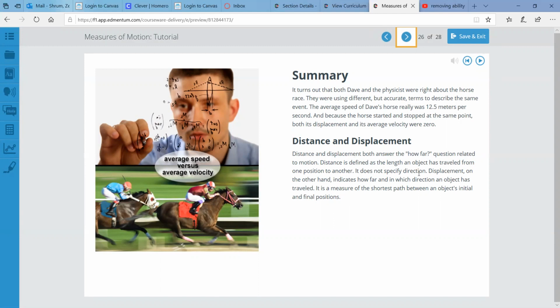Distance and displacement answer how far. Distance just tells you the magnitude. Displacement tells you the direction as well as how far away from the initial point you are, and it's the shortest path between an object's initial and final position.